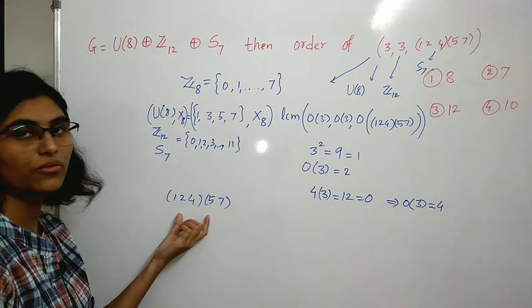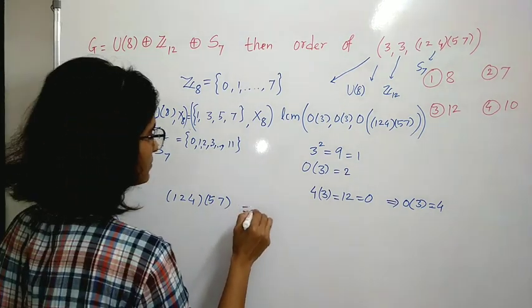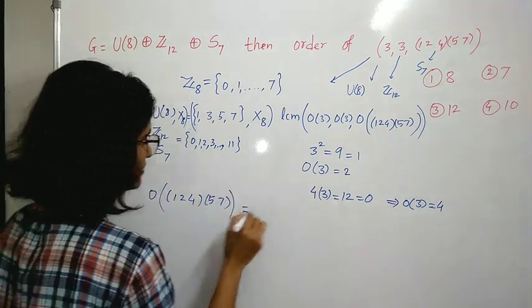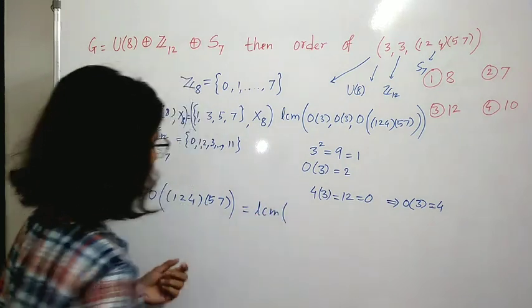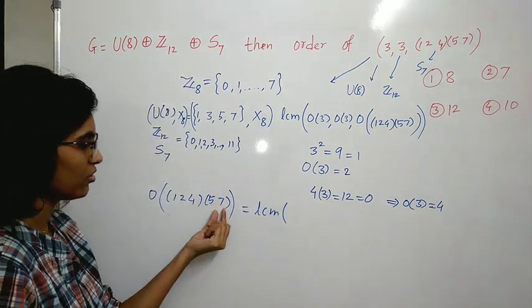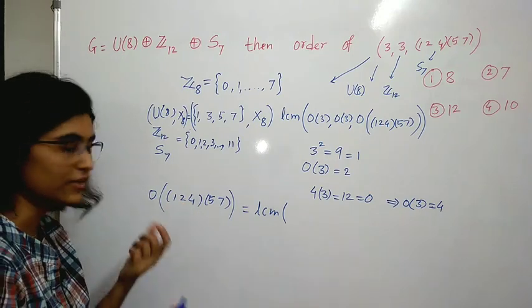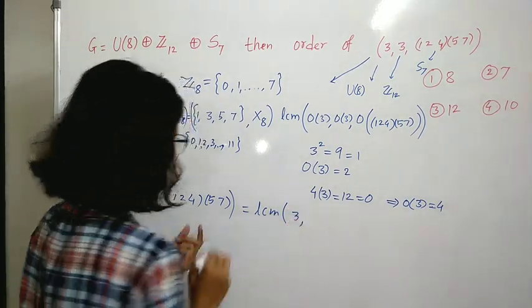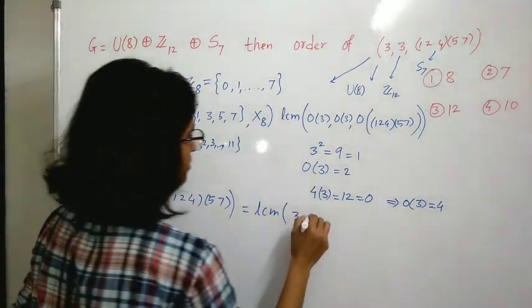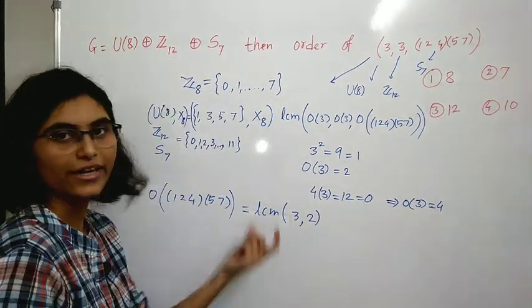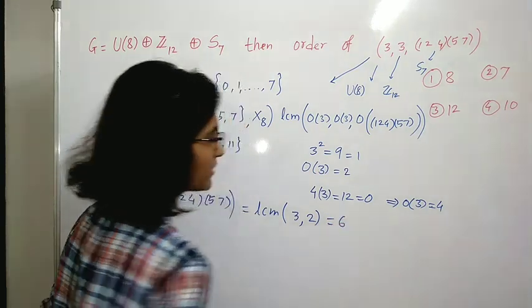So what is the order of this element? It is just the LCM of the order of this and the order of this. The order of this is, it is a 3-cycle, or cycle of length 3. So this order is just 3. This is a 2-cycle. So LCM of 3 and 2. What is this? It is just 6, right?